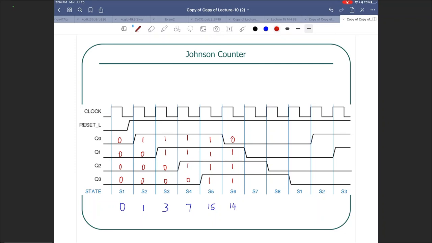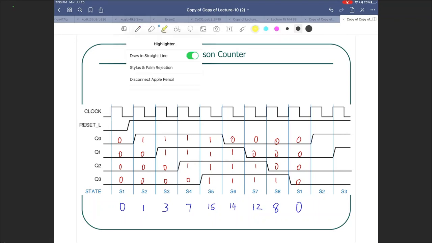Next, 1, 1, 0, 0. That's 12. Next, 1, 0, 0, 0. That's 8. And then once we cycle one more through, you have 0, 0, 0, 0. That's 0. We are back to where we started.